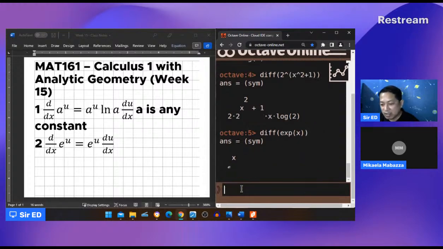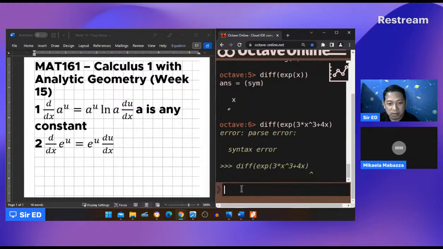Pero pag linamanan mo yan, if say exponent of 3x cubed plus 4x, may du over dx component dyan, which is obviously 9x squared plus 4. So yung 9x squared plus 4 na yan, multiplied by e^u, no?